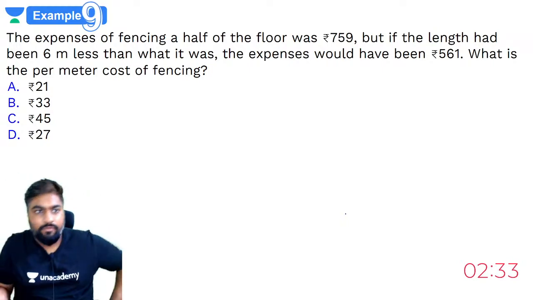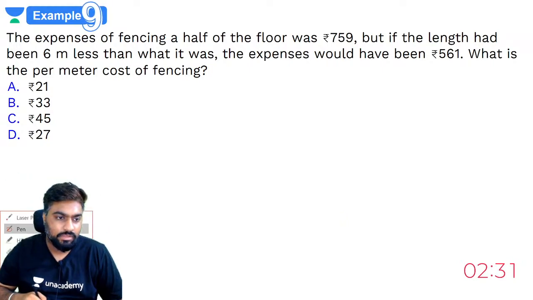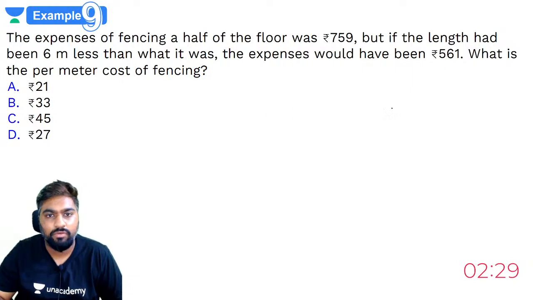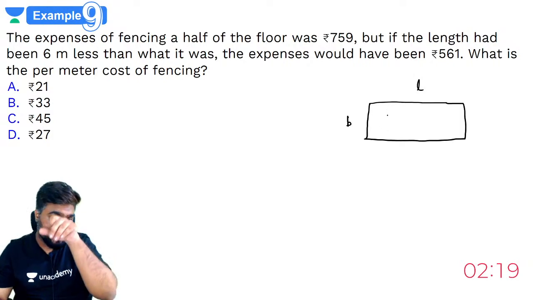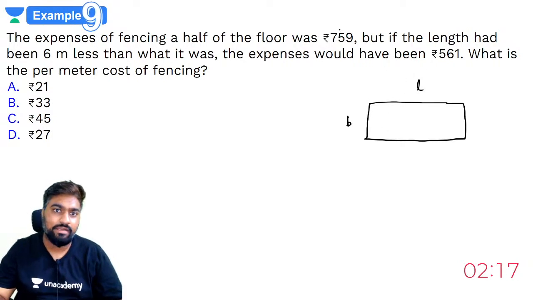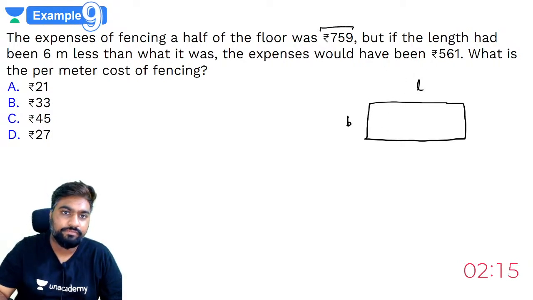They're saying there is a floor, okay? It's understood that it's a rectangular floor. This is the floor. This is your breadth, this is the length. They're saying costing of this is 759 rupees.